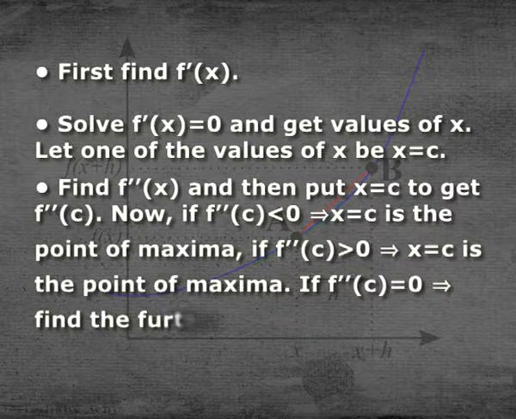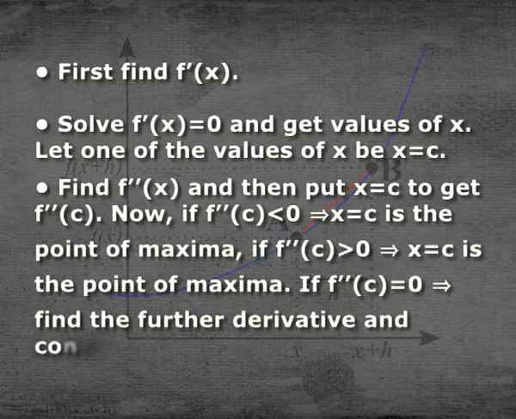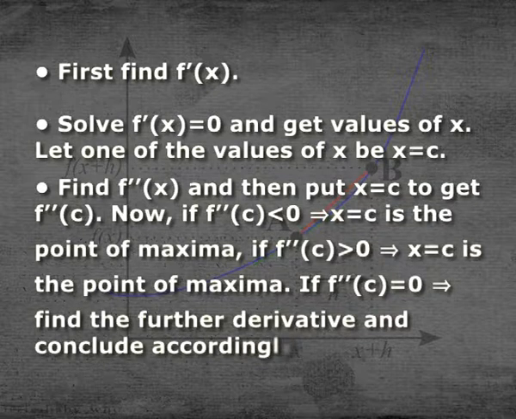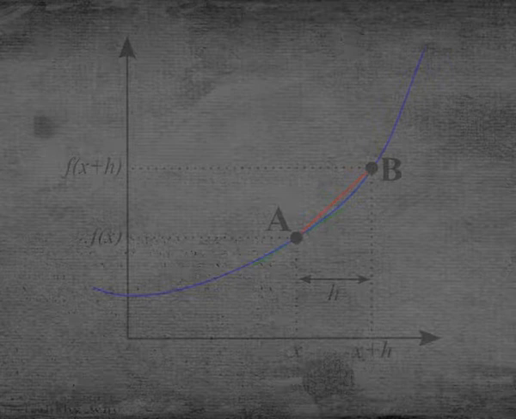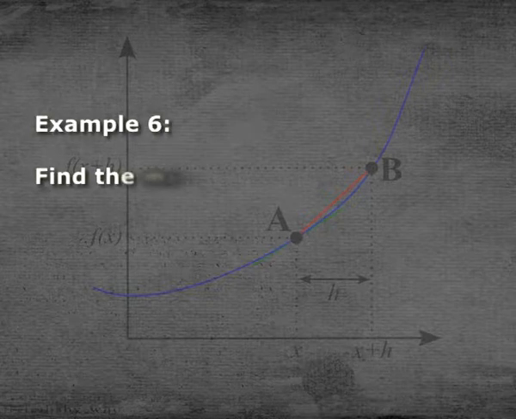Now if f double dash c is lesser than 0, then x equals c is the point of maxima. If f double dash c is greater than 0, then x equals c is a point of minima. If f double dash c equals 0, we have to further find higher derivatives and conclude accordingly.